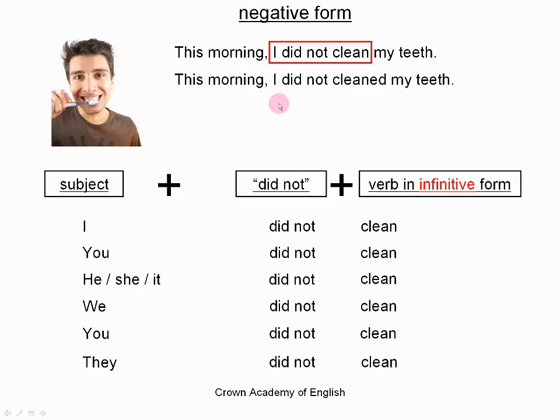So here, this morning I did not clean my teeth. This is wrong. Okay, this is the past simple form, but that is wrong because in the negative it must be the infinitive form. Okay, that is wrong. This one is right, the infinitive.